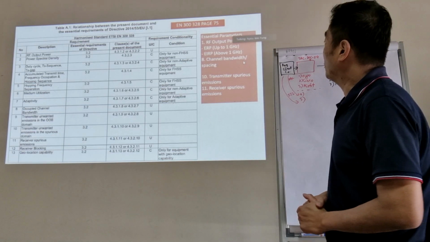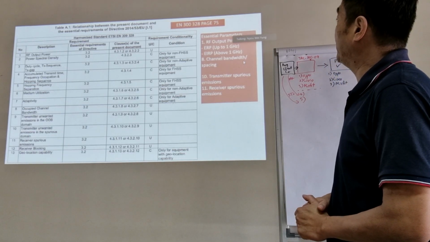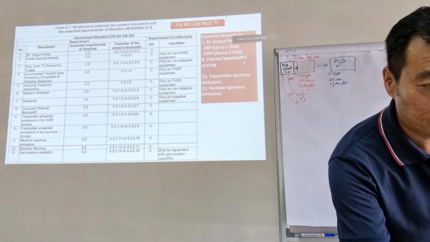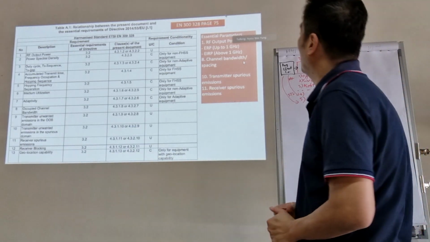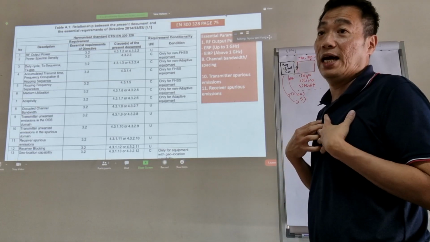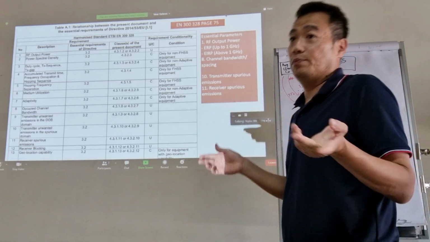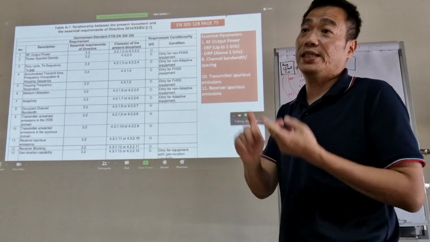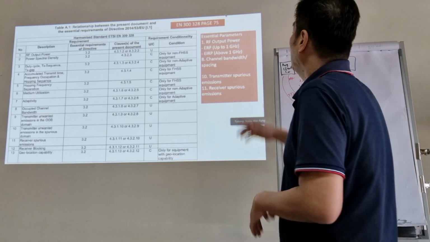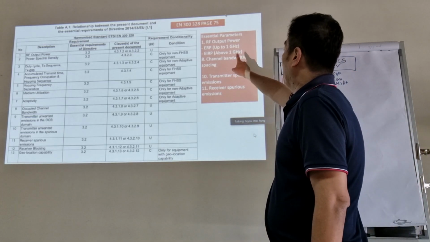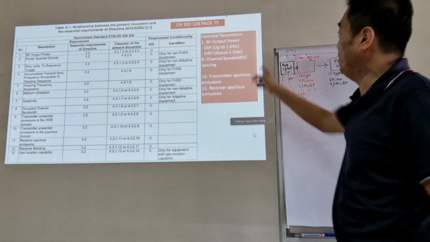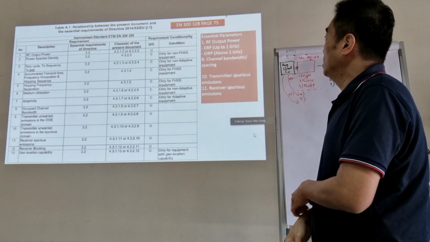Okay, if you look at the main essential parameters, what will they be? RF output power. For us as assessors, meaning verification officer, evaluator, reviewer, approver, the assessor will be looking at ERP for those up to 1 GHz, and EIRP for above 1 GHz.